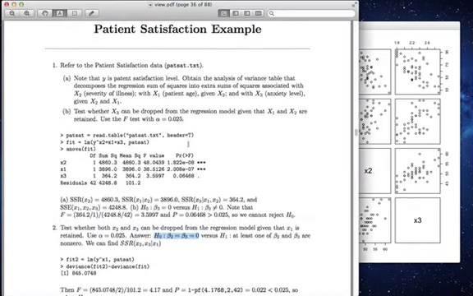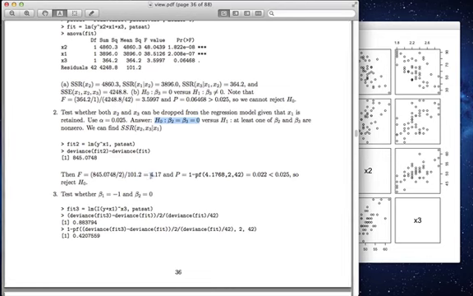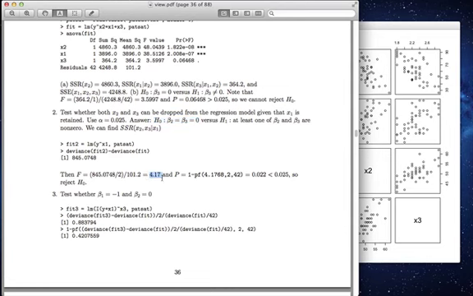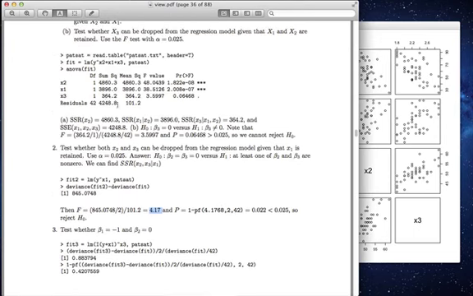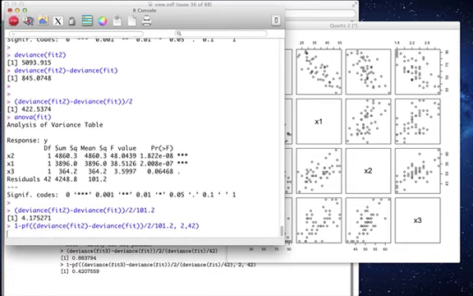So if we go back to the course packet, I've illustrated everything I just said, and there is that 4.17. This is an F distribution with 2 and 42 degrees of freedom. The 42 is coming from here. The 2 comes from the fact that we're deleting 2 variables, or adding 2 constraints. So if I take this whole result, let's take 1 minus pf, that's going to give me the area under this F distribution with 2 and 42 degrees of freedom.